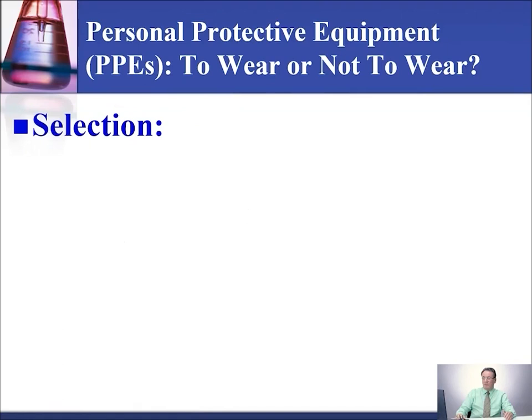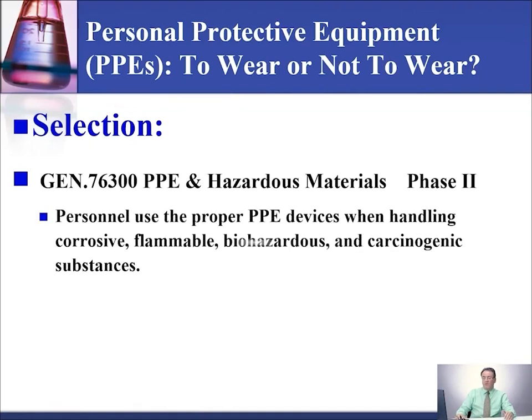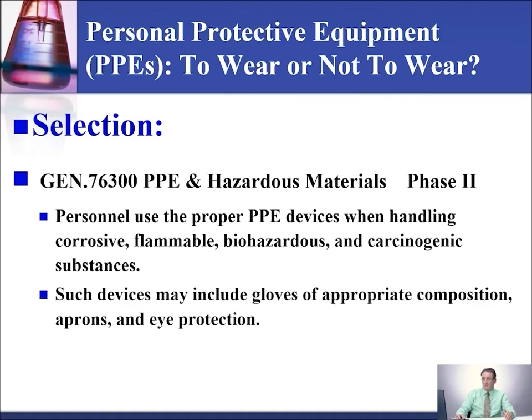Next, we're going to talk about selection of PPEs. You will find the requirement for the selection of PPEs in CAP LabGen 76300. It says personnel use the proper PPE devices when handling corrosive, flammable, biohazard, and carcinogenic substances.